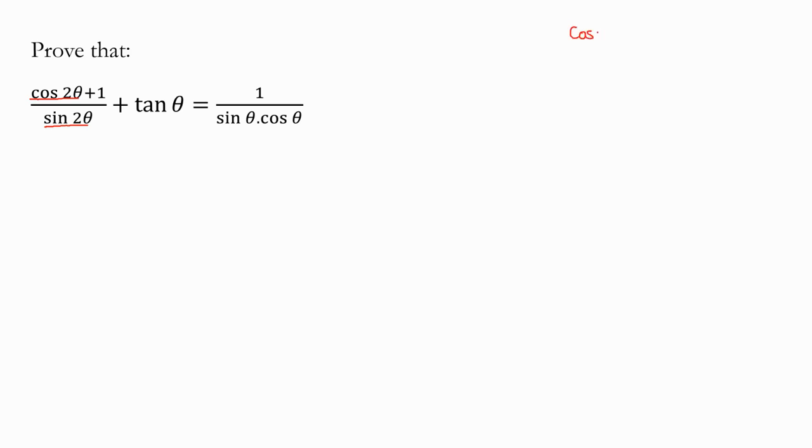cos 2 theta is equal to 2 cos squared theta minus 1, or you can say it is 1 minus 2 sine squared theta, or you can say it is cos squared theta minus sine squared theta.